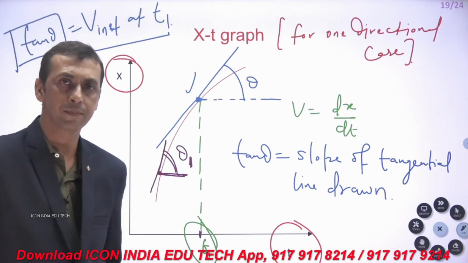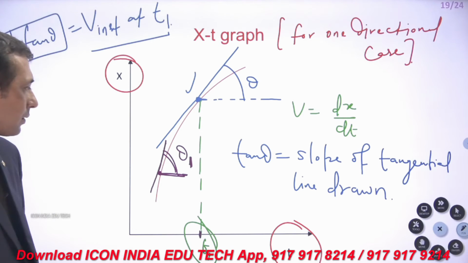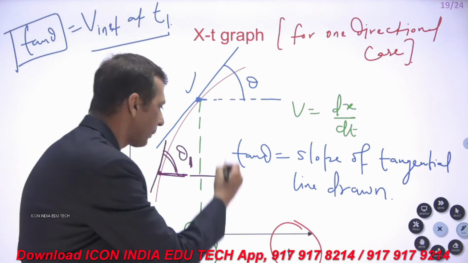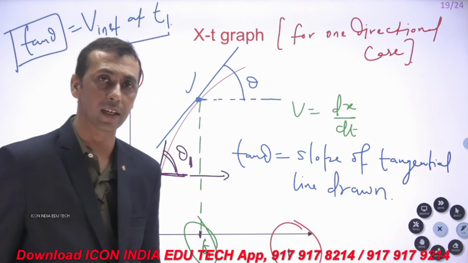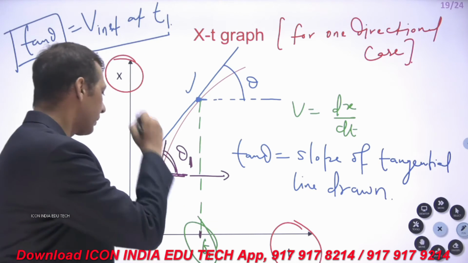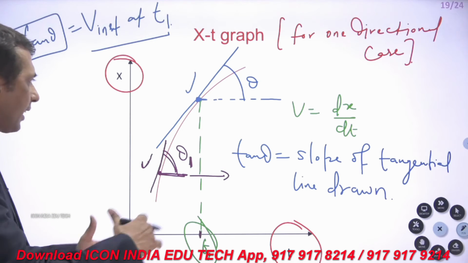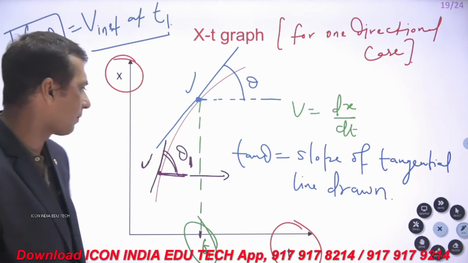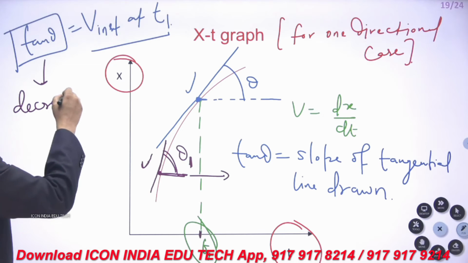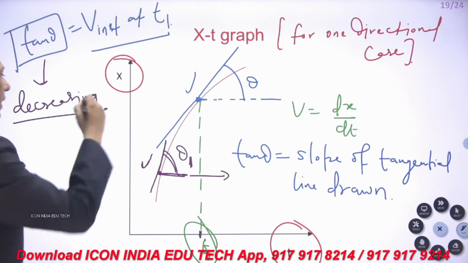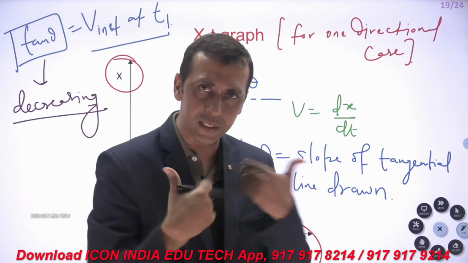This angle is bigger, so the slope tan theta 1 is bigger than tan theta at this particular moment. With time, the slope is decreasing. Tan theta decreases with time. At earlier moments, tan theta is bigger.